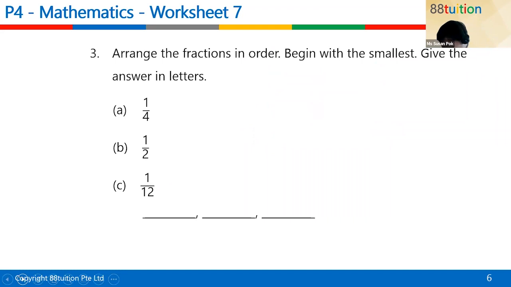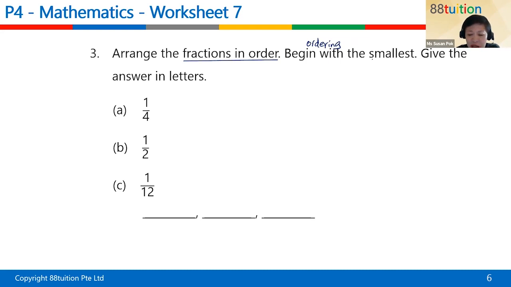Okay, let's take a look at this question. Now it's reordering. Arrange the order of the fractions in order. So today we are doing ordering fractions. Ordering means we must rearrange them into smallest, medium size, or large size, depending.